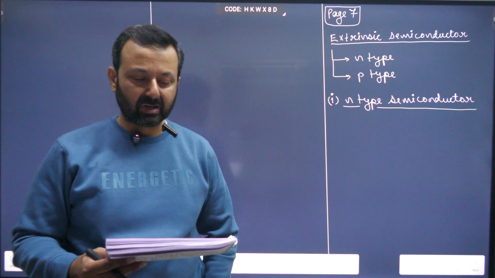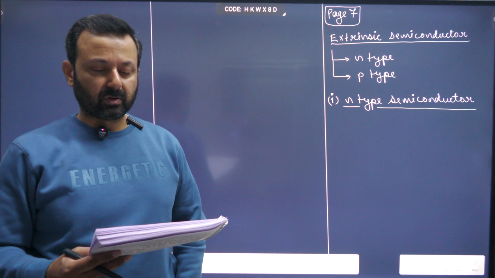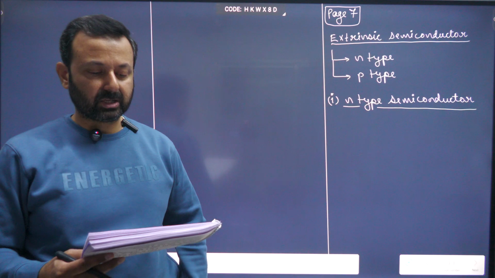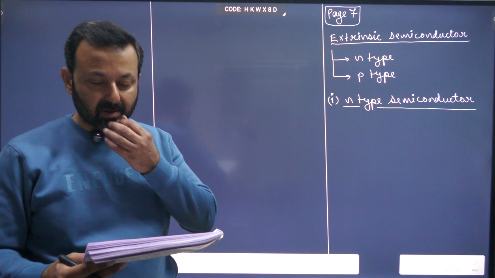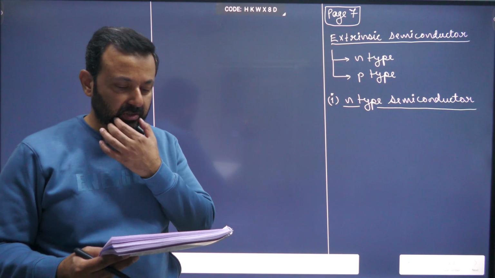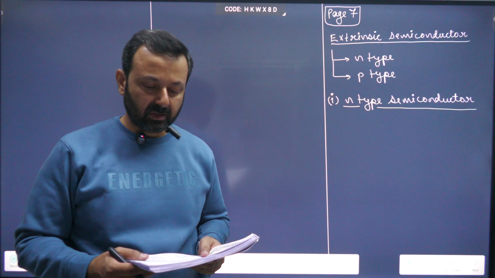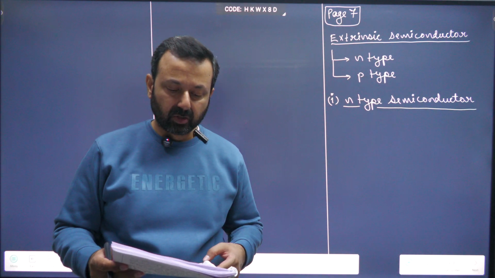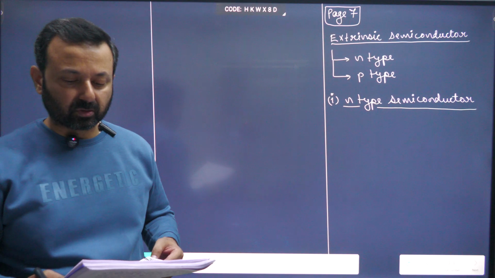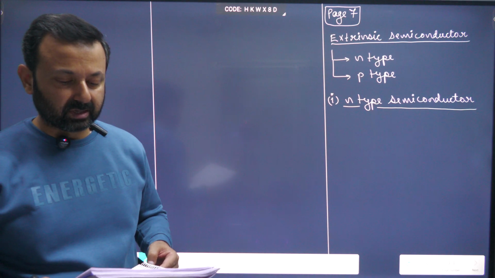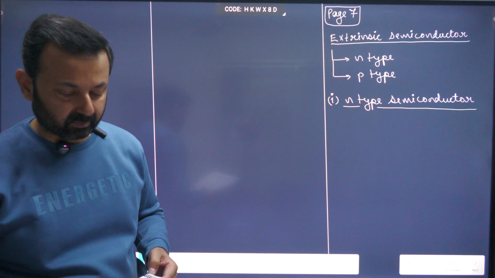Four of the 5 valence electrons of the impurity atom form covalent bonds with the adjoining 4 atoms of silicon, while the 5th electron is free to move. Thus, each impurity atom added donates 1 free electron to the crystal. These impurity atoms are called donor atoms.